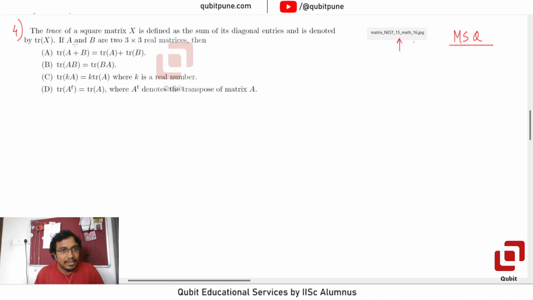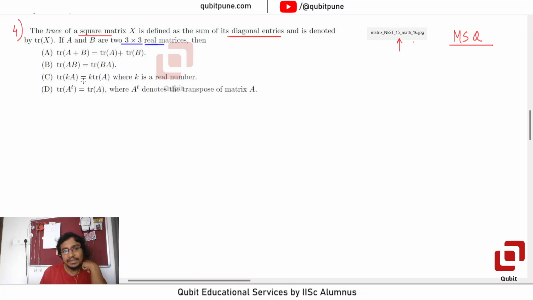The trace of a square matrix X is defined as the sum of its diagonal entries and is denoted by TR of X. If A and B are two 3 by 3 real matrices, then trace of A plus B equals trace of A plus trace of B. Trace of AB is equal to trace of BA.